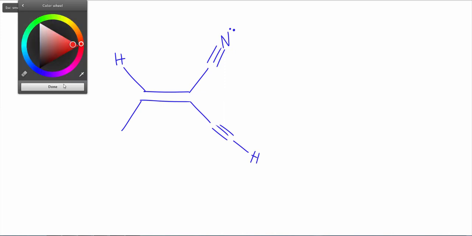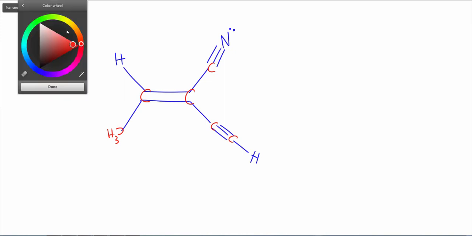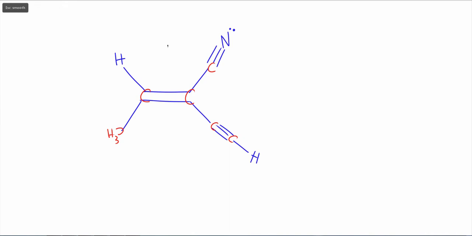So let's write out what you already recognize. This is going to be a CH3. We know this is a carbon, this is a carbon, this is a carbon, this is a carbon, and that's a carbon. Okay? So on this side of the double bond, this carbon is going to take priority over this hydrogen. So this is 1. By default, this gets position 2.